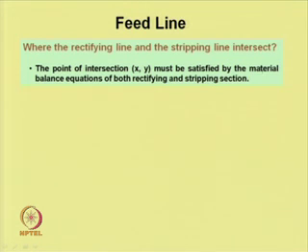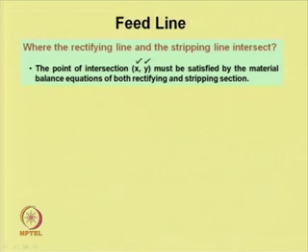So, the point of intersection between the stripping line and the rectifying line should meet at an intersection point x y, and since the stripping section line and the rectifying section line are governed by the material balance equations of both the sections, both the sections' equations must be satisfied at the intersection point.